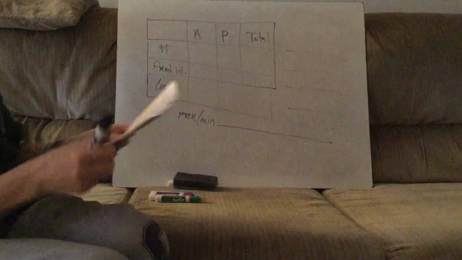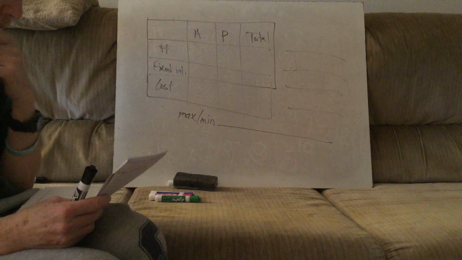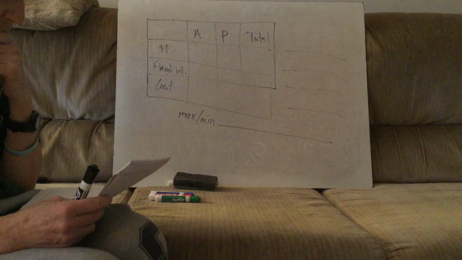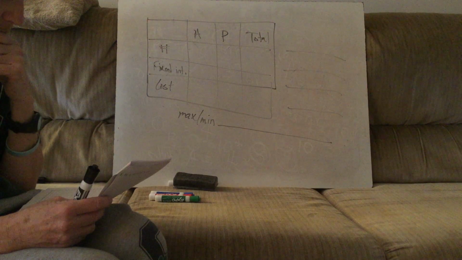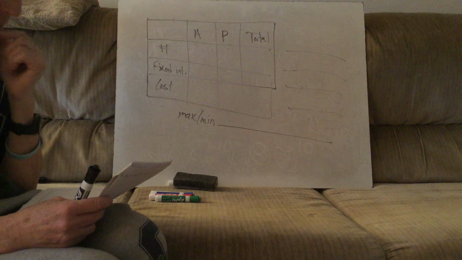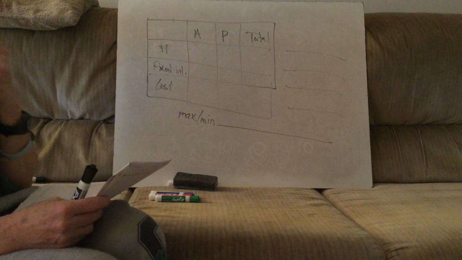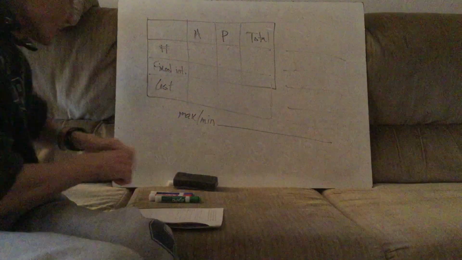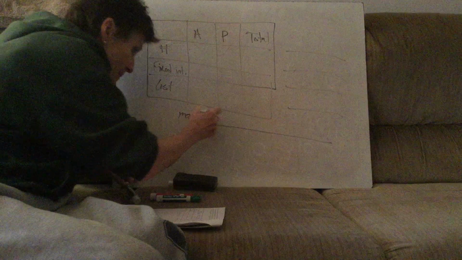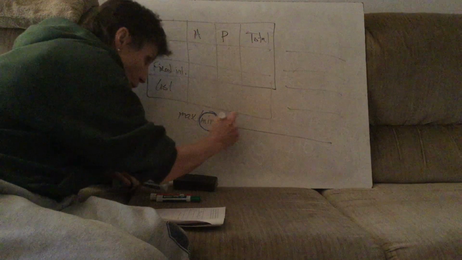Okay, so we're reading the problem. How many of each type should be made to minimize cost? So this one is going to be a minimum problem, and we're going to be minimizing cost.